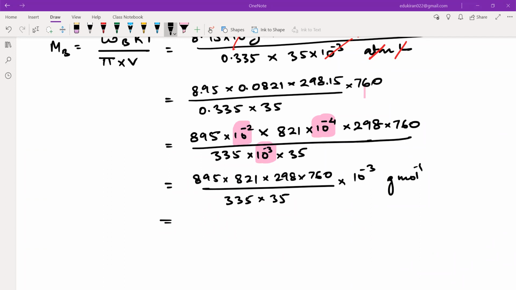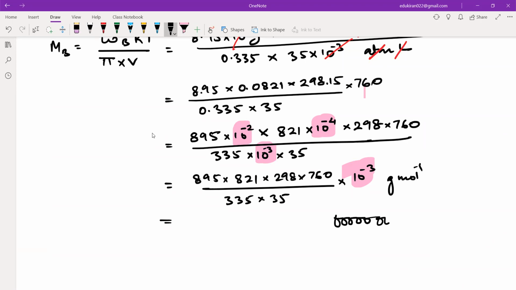Khalid, did you consider this 10 to the power minus 3? Yes, sir. No, it will not come that large then. It will be like 8 zeros.